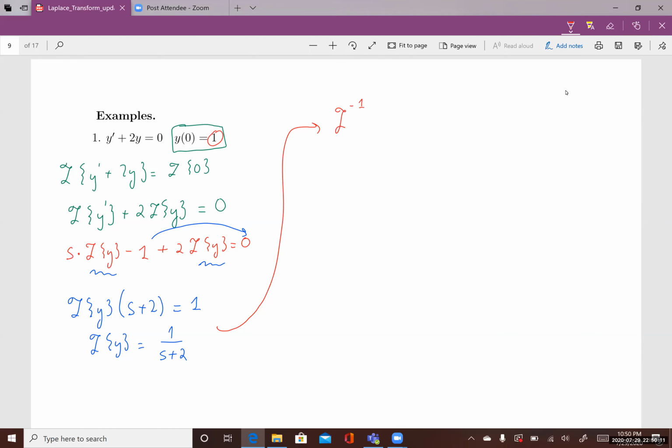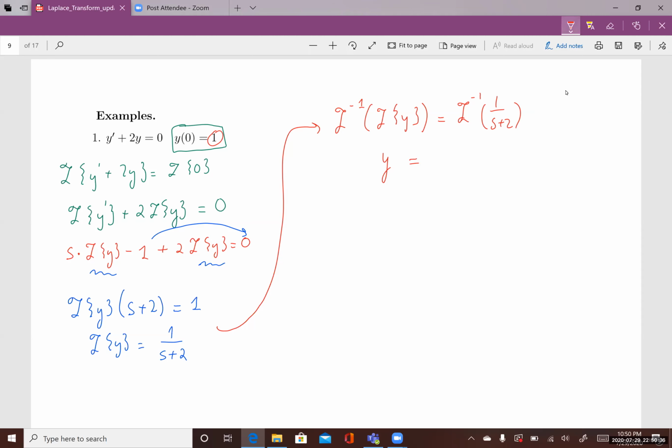Inverse of this equals the inverse of the function 1 over s plus 2. Okay. And from the left side, you find y, and the right side, you find the function.